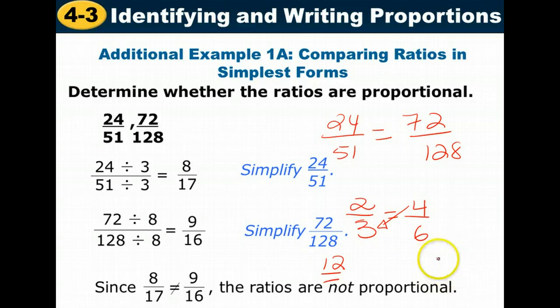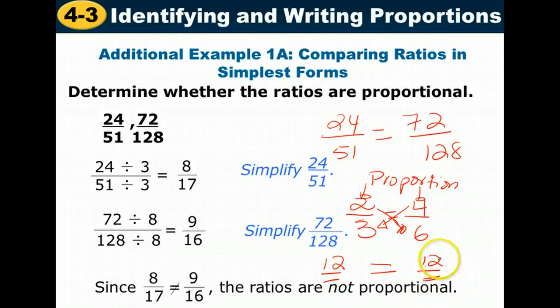And then when I multiply 2 times 6, again this only works when we are talking about proportions, 2 times 6 is also equal to 12. So if their cross products are equal, then we know that those two ratios form a proportion.